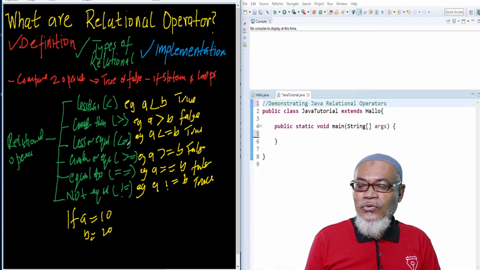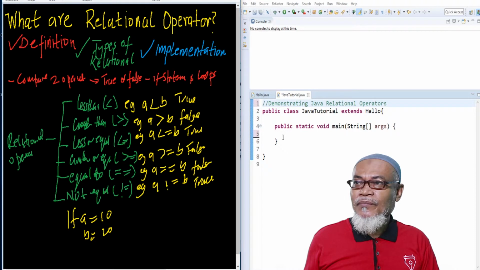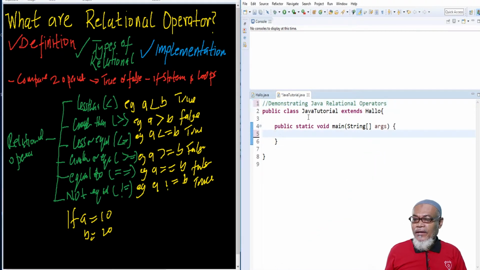So let's go to Eclipse and try to implement the same. Here in Eclipse, we also declare some variables. We'll have int x equals 100, and y equals 200.